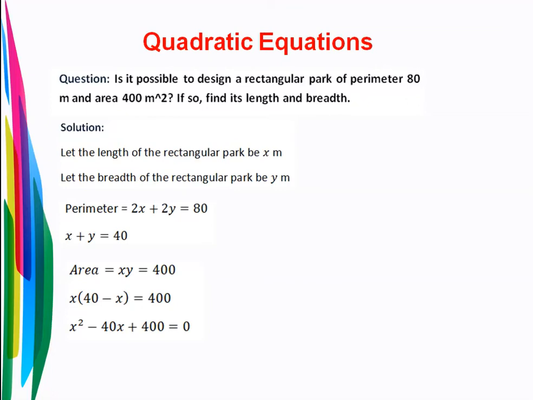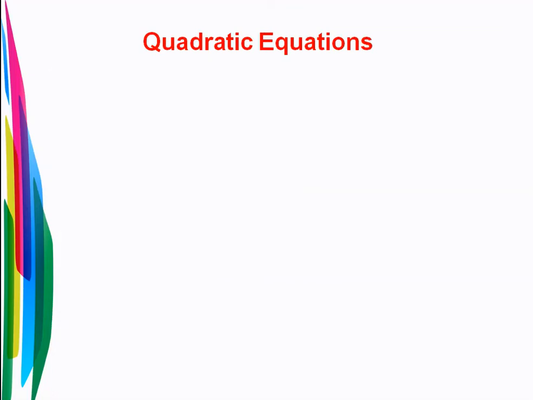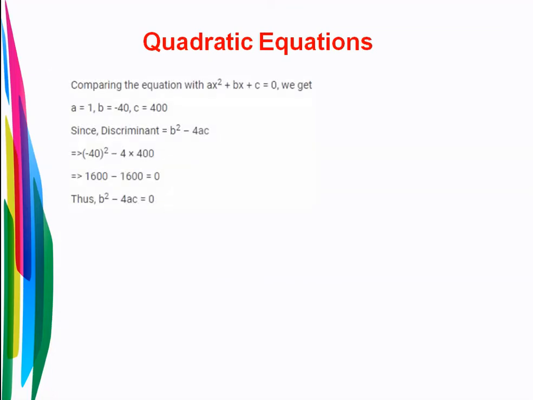But much easier is to just find the discriminant. So let's find the discriminant. Discriminant is b square minus 4ac. Calculating the discriminant, I get 1600 minus 1600, which is 0. So my discriminant is 0. That means it is possible to design. But what will be my answer? I will have equal roots here.